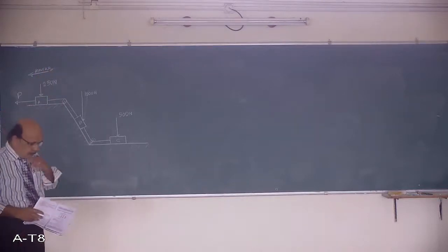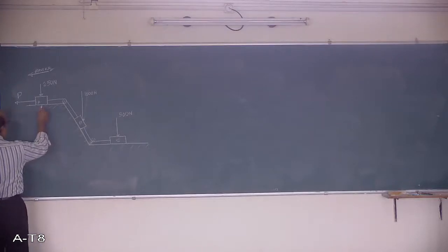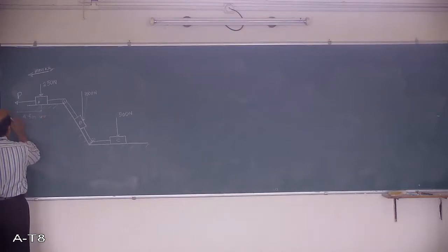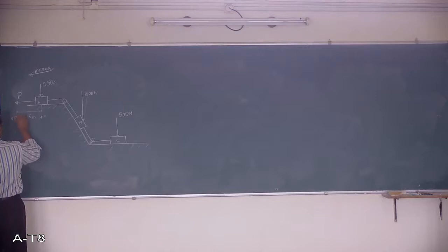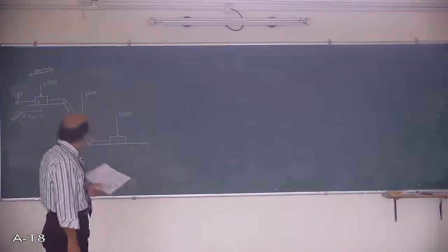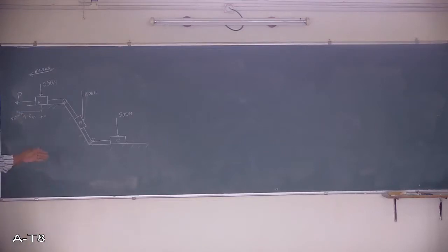If it travels a distance of 4.5 meters, all the blocks will move; the initial velocity is 0, the final velocity is 3 meters per second, and the distance it travels is 4.5 meters.